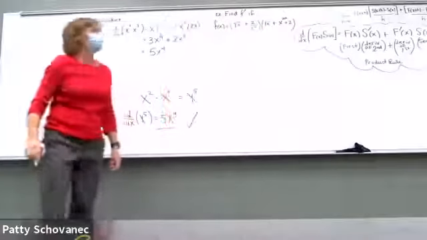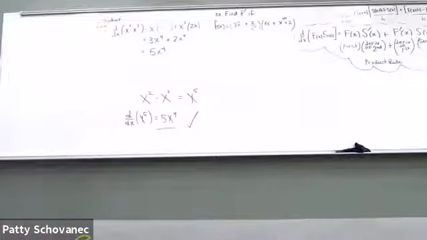I could multiply that out if I wanted. It wouldn't take that long. But if I'm finding the derivative, why do that? Why not just go ahead and take the derivative?